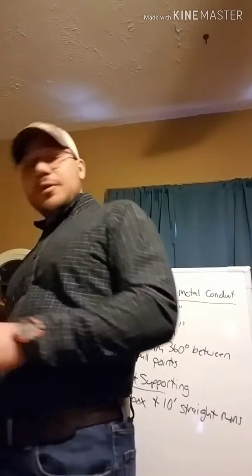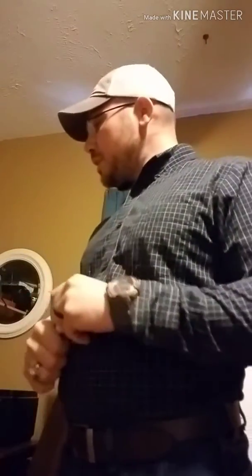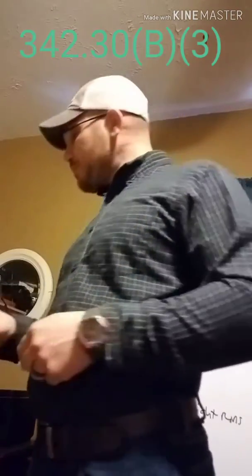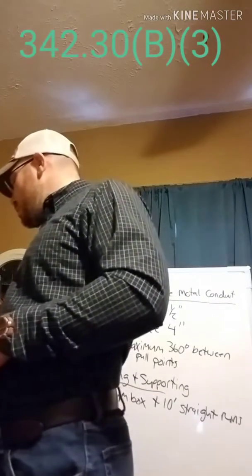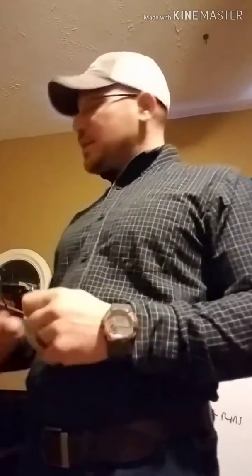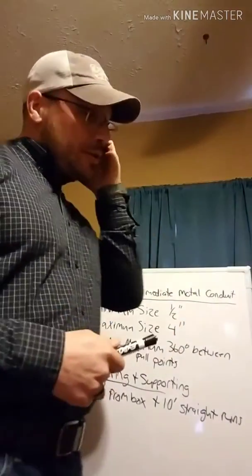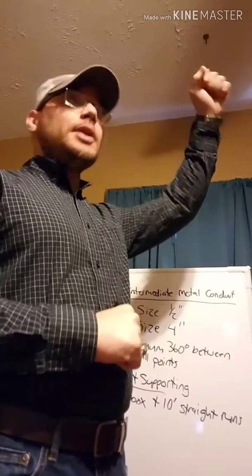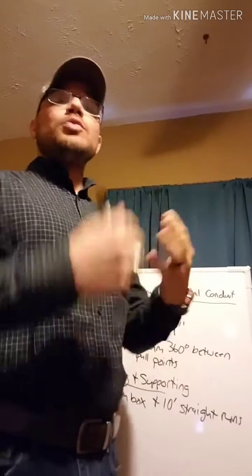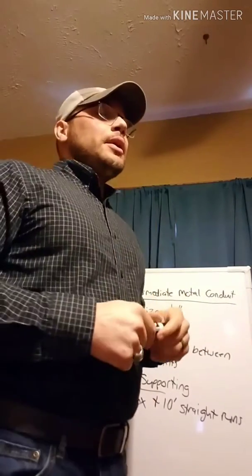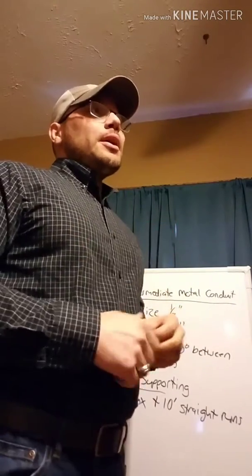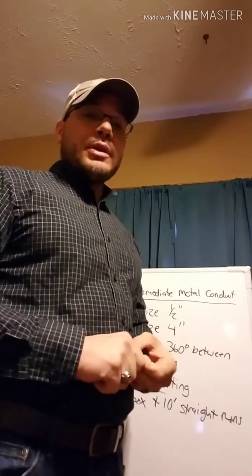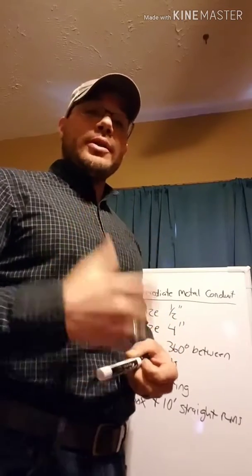Let's see. Then if you look under supports, which is 342.30(B), number 3, it tells you that if we're going vertical from a piece of equipment into a ceiling, then as long as it's securely supported at the piece of equipment or machine and at the ceiling, we can go 20 feet, just basically like a drop. A lot of times you're not going to use IMC or RMC for that, but if it's in an environment where you need that strength, you will.